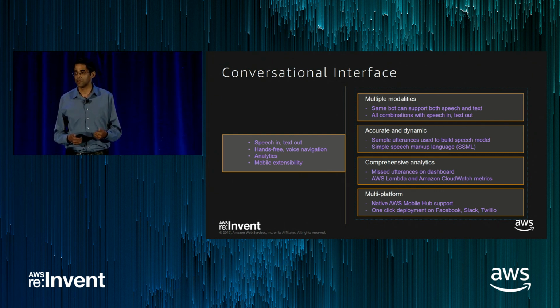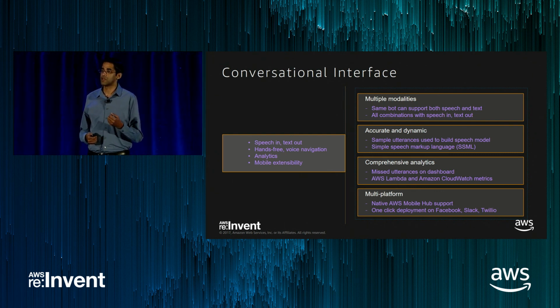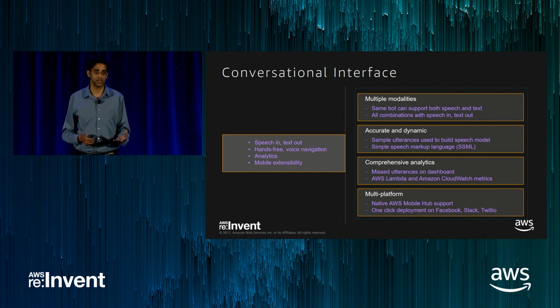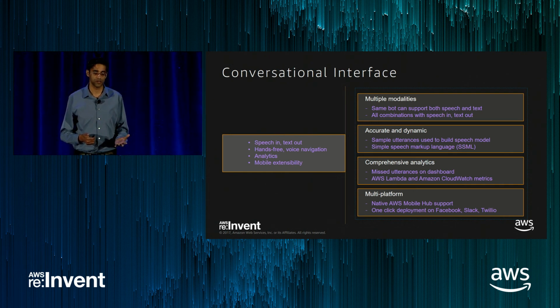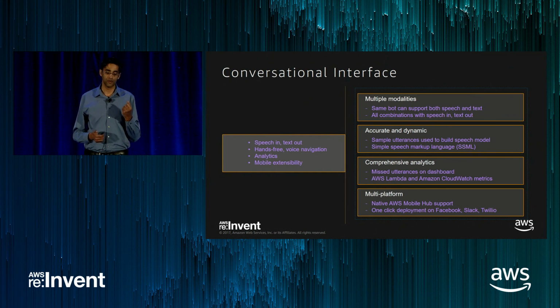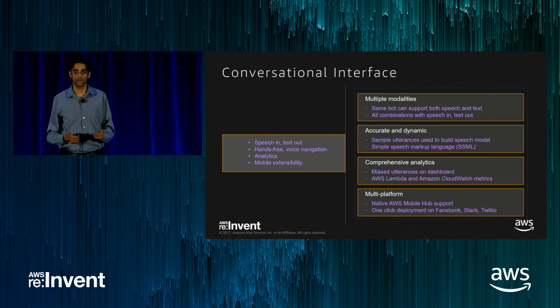Second, and this is an important piece with Lex, we use the sample utterances that the developers provide to build not only the language model, but also the speech model. And what this does is your speech model is better tuned to the utterances or to your specific bot or skill. So that was the second piece that we provided.